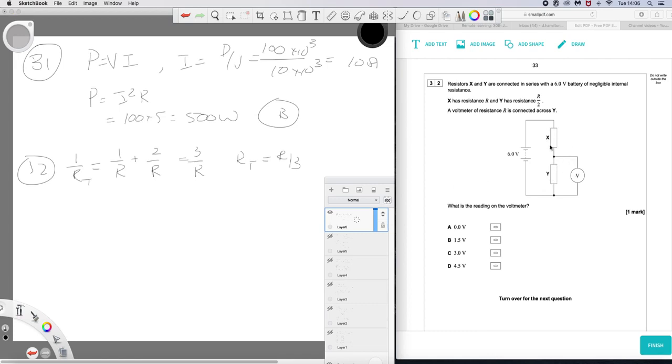So you've got 3R over 3 plus 1R over 3. That's 4R over 3. So 3/4 of the PD dropped here, 1/4 of the PD dropped here, and 1/4 of 6 is 1.5, which means the answer is B.